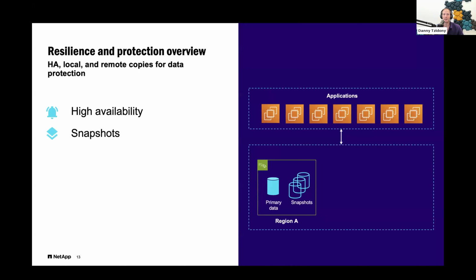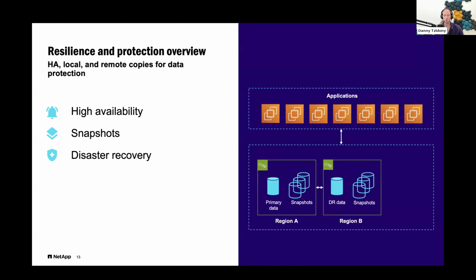You can't talk about ONTAP, and as we've said, FSx for ONTAP is essentially a managed ONTAP service within AWS, without talking about ONTAP snapshots, and we'll dive into those. They are our local backups that reside within the file system. They are quick and light. We have to talk about disaster recovery.